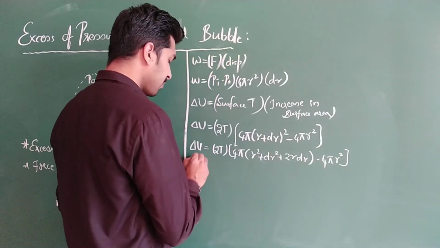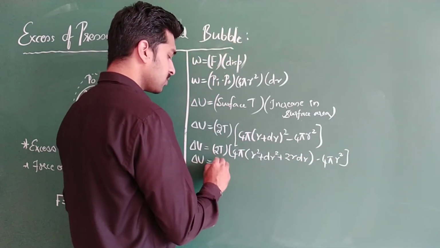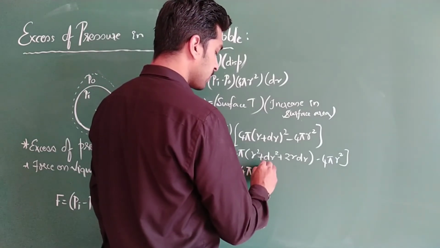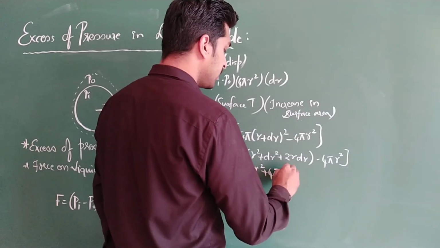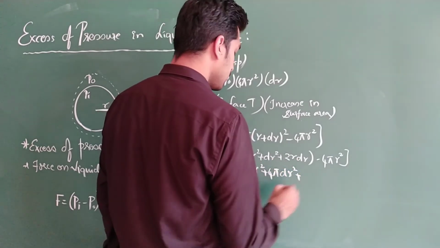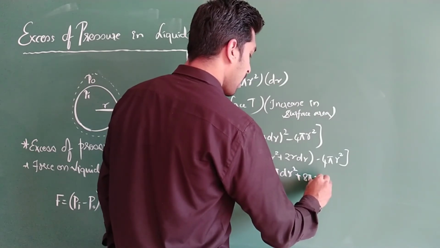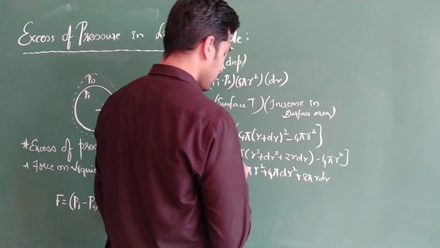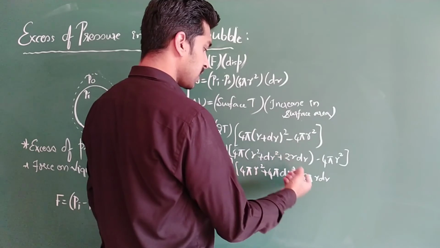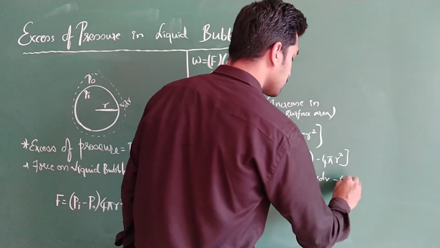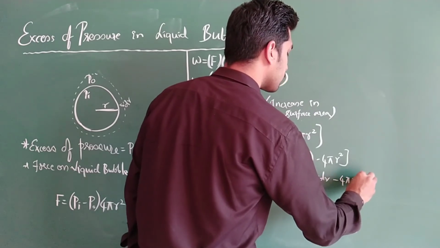If I multiply 4 pi inside, delta U is equal to 2T [4 pi R square plus 4 pi dr square plus 8 pi R dr minus 4 pi R square].